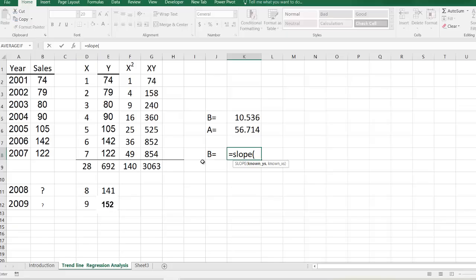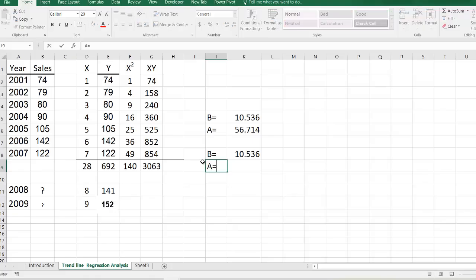We simply need to input the column for the Y's, in this case the column for the sales, and the column for the X's, which is the column for the time periods or time indices. Once these two columns are placed in the formula, it will give the value of B.